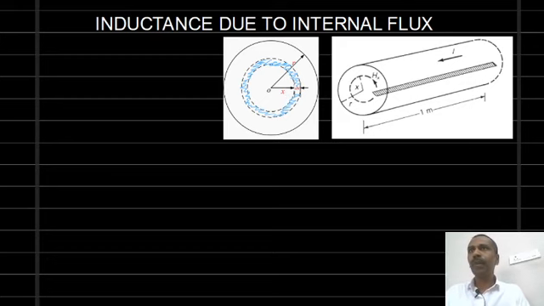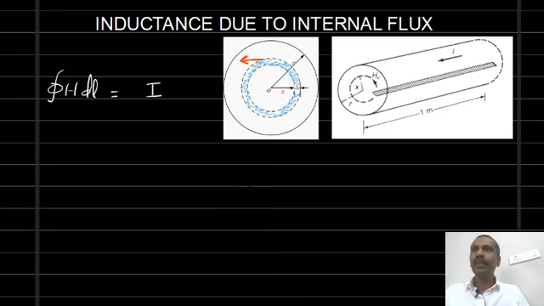First of all, we will apply the Ampere's circuital law. This is to find the magnetic field intensity. The Ampere's circuital law says the magnetic field intensity along any closed path is equal to current enclosed by the path.